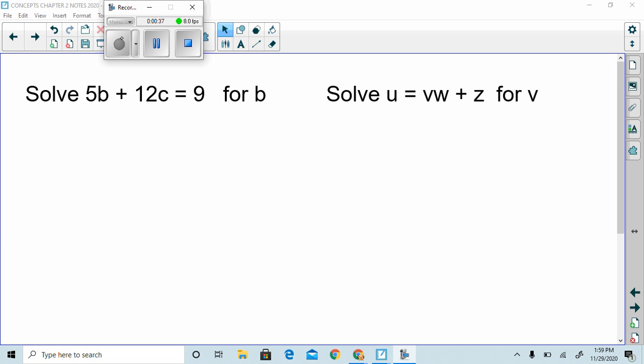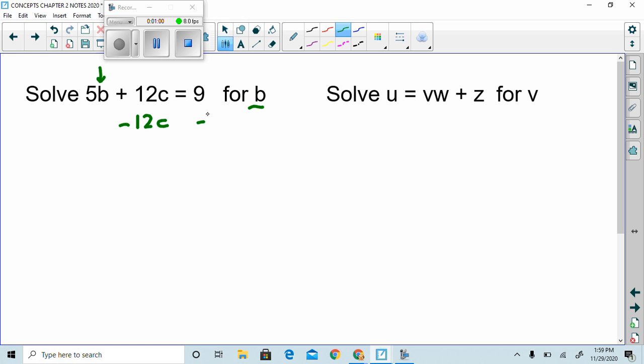In this problem, I'm looking at a literal equation because it has, again, more than one variable. They're asking me to solve for b, so again, as I did last time, I'm going to put a little marking here so I know that's what I'm looking to solve for, which means I'm going to use inverse operations to isolate that variable b. Step one is let's subtract 12c from both sides.